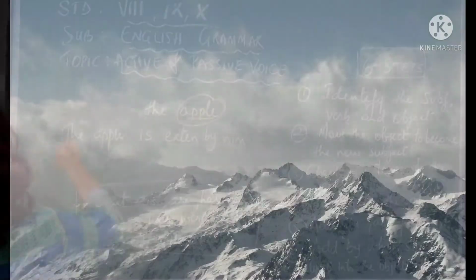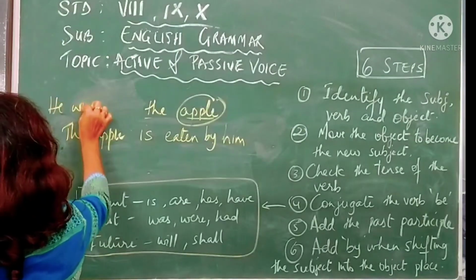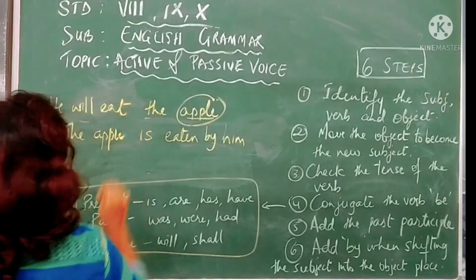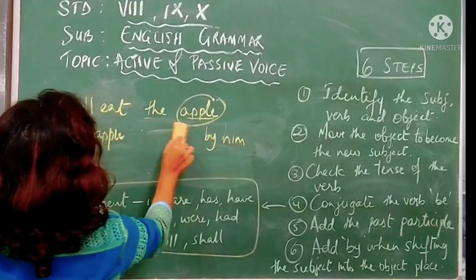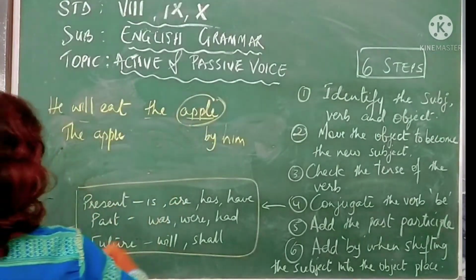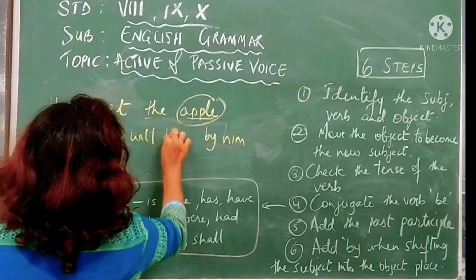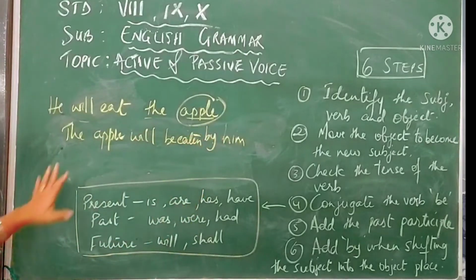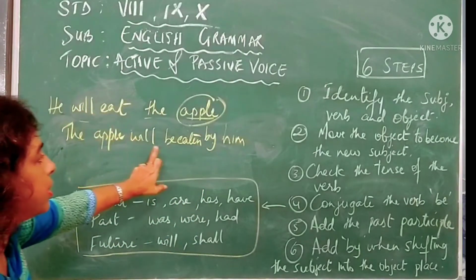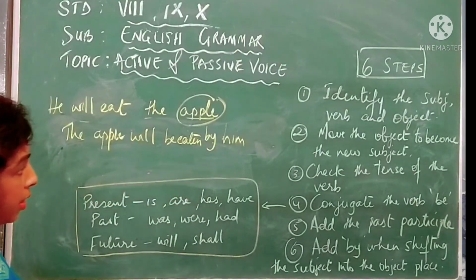If I say he will eat the apple, so what will you say now? The apple will be eaten by him. Okay, so this eat will become will be eaten. Okay, will eat. Have you understood?